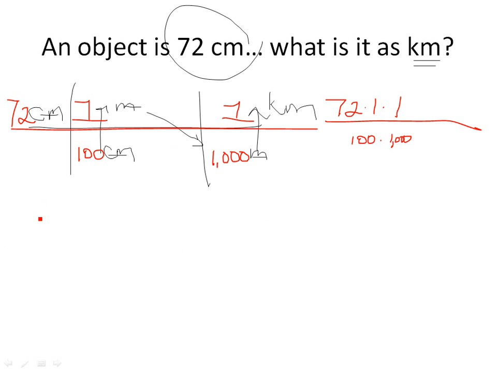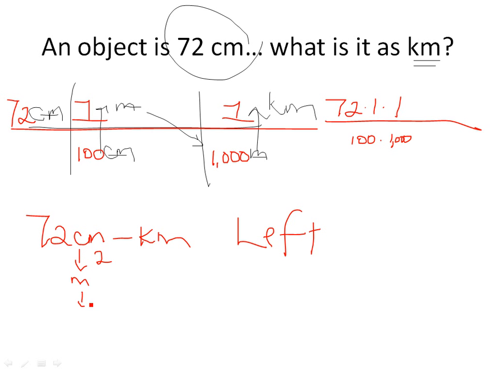The other method said, well, 72 centimeters to kilometers. I'm going from small to large, which means my decimal has to go to the left. And the hardest part now is I have to figure out how many. It takes 2 zeros to get from centimeter to meter. It takes 3 more zeros to go from meter to kilometer. That's a total of 5 zeros.